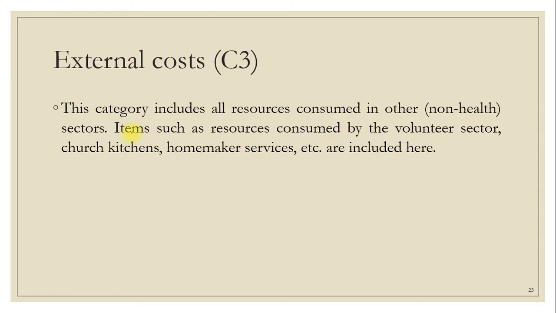The third type of cost here is external cost, and it is represented by C3. This category includes all resources consumed in other, non-health sectors, items such as resources consumed by the volunteer sector, church kitchens, homemaker services, etc.